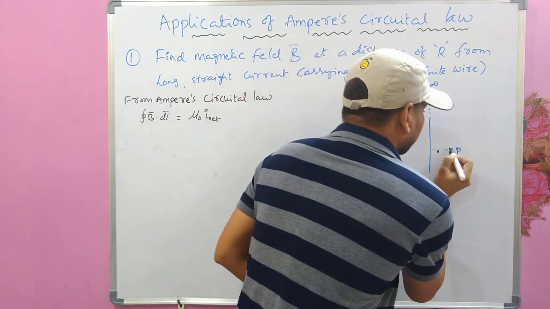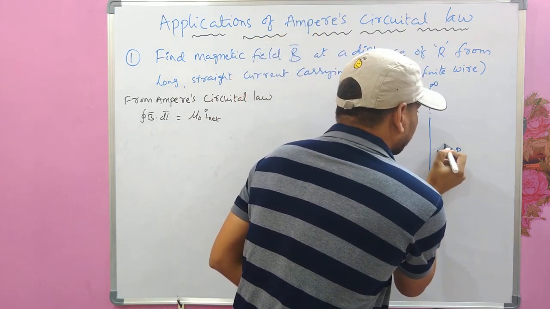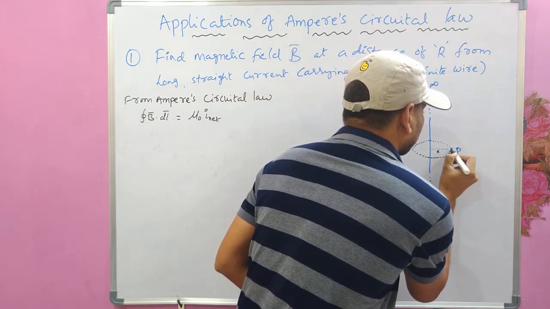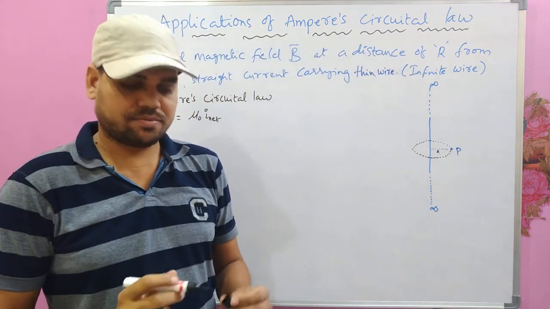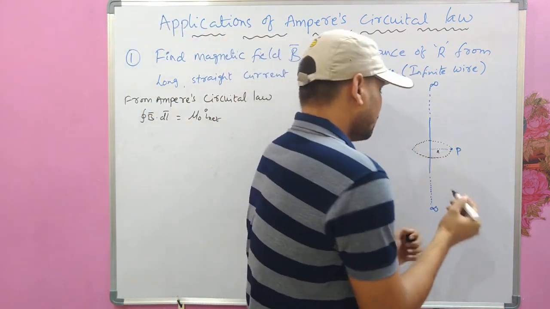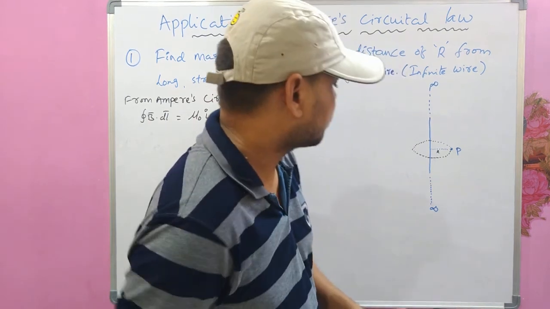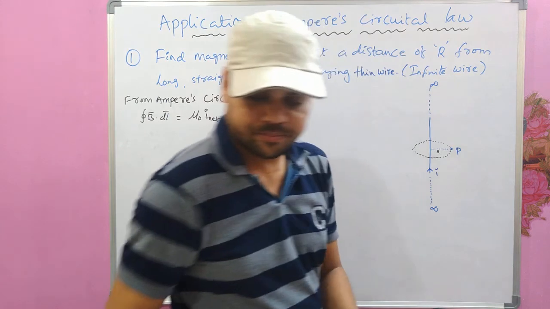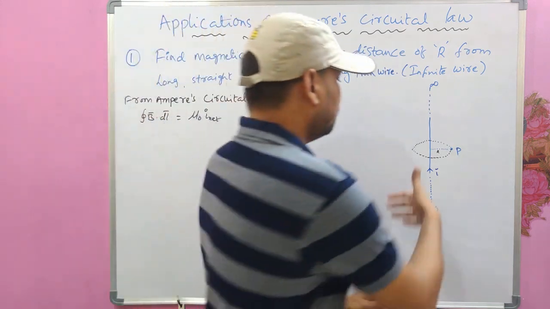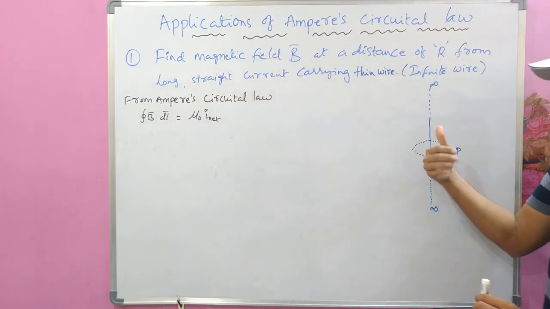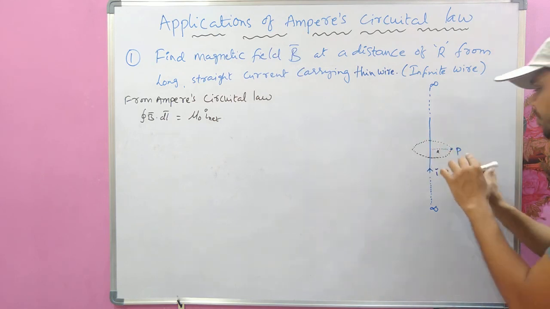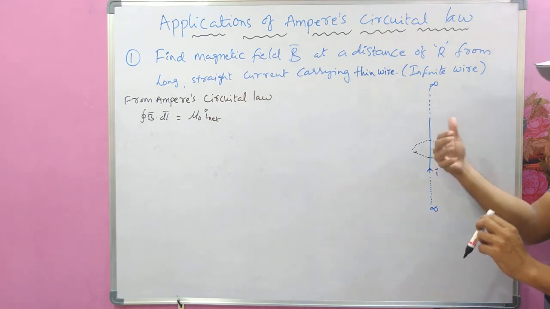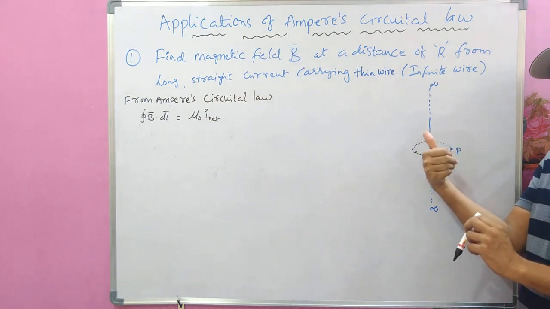Okay, this is the Amperian loop that I have drawn. This is a current carrying wire through which current I is passing, and I am choosing my Amperian loop path like this, along the direction of the magnetic field.